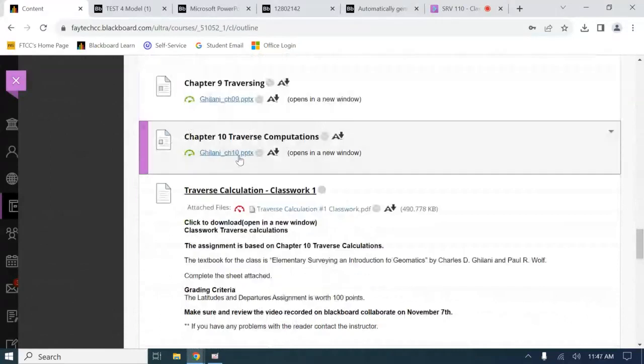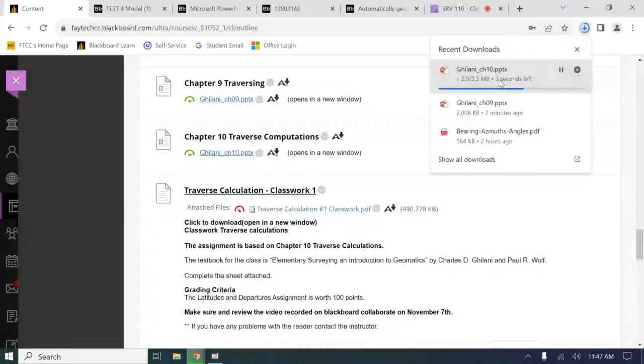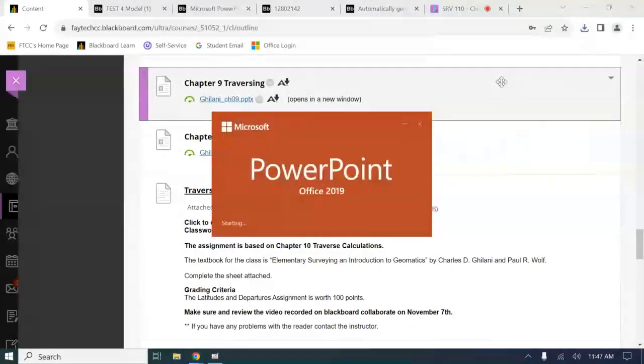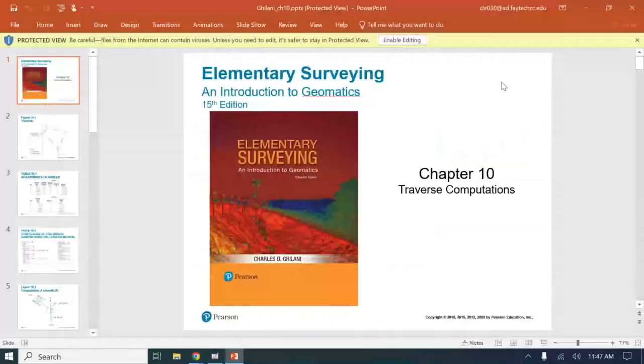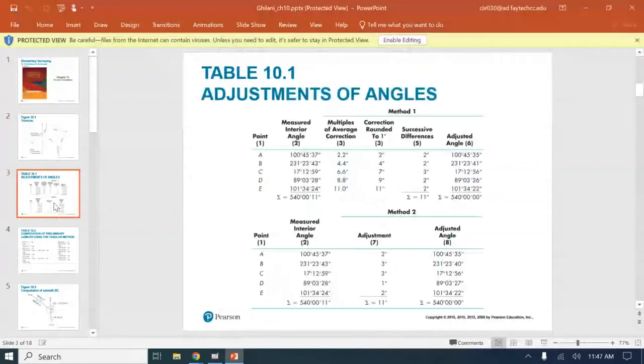Chapter 10 is a continuation of what we're doing. You're going to start adding distances in. Once you get the preliminary azimuths or angles, we're going to adjust them to mathematically make them close.